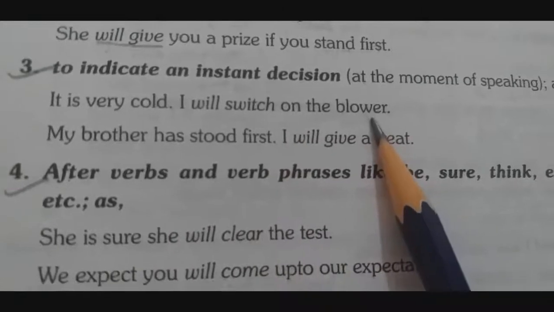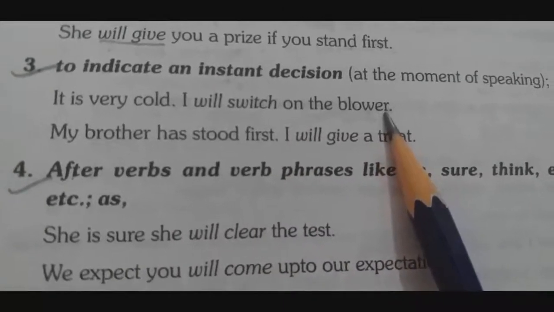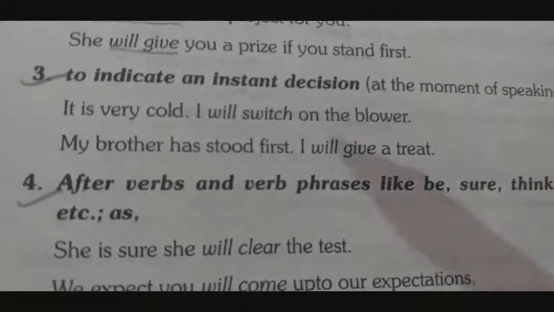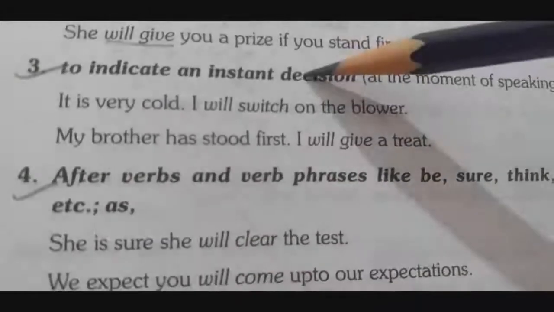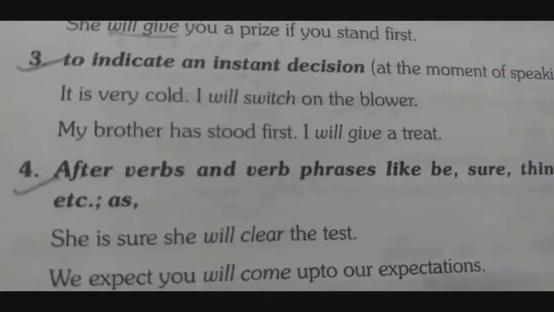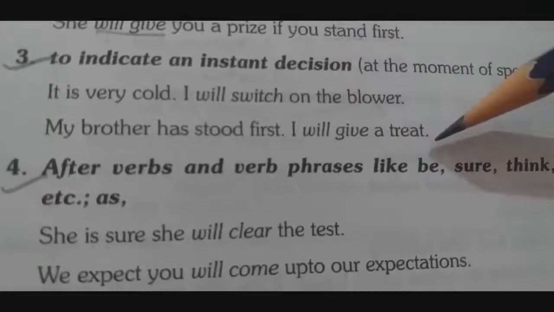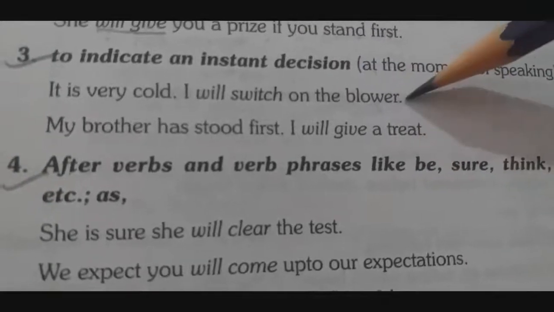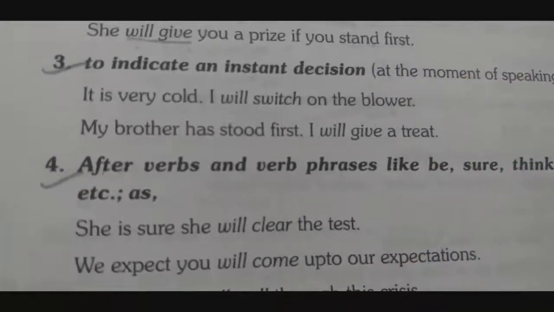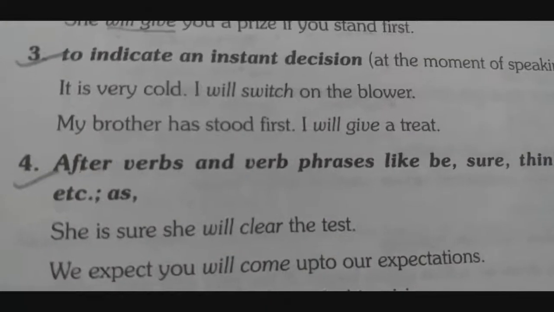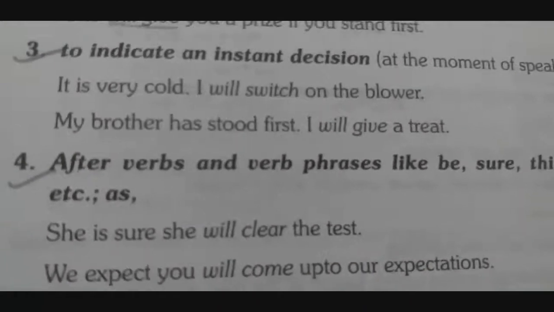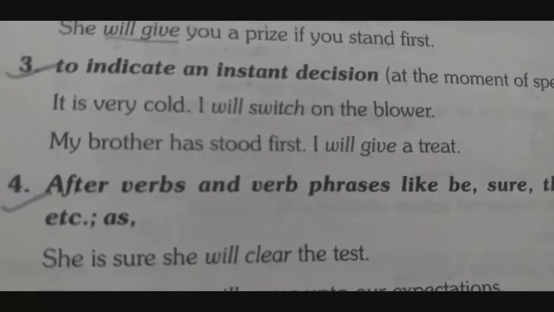That means you are talking about the future. Here it's not that you have just said you will switch on the blower and the blower is on. It's nothing like that. Then what will you do? You will take the plug, insert it into the wall socket, and only then will your blower turn on.